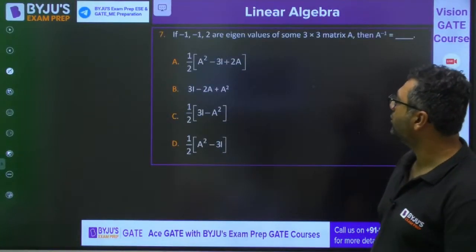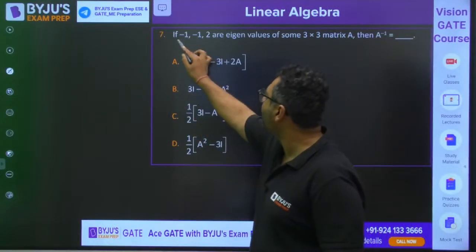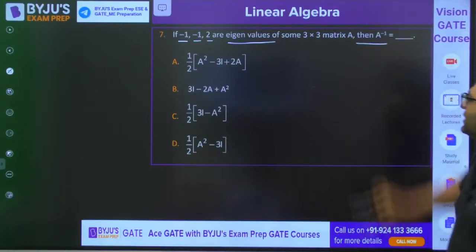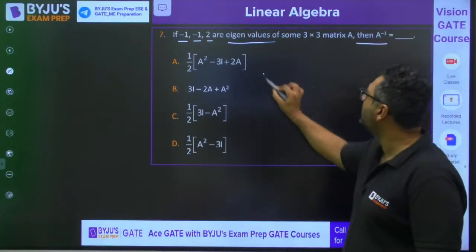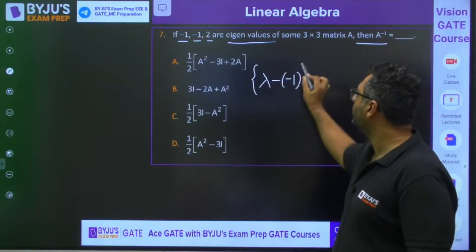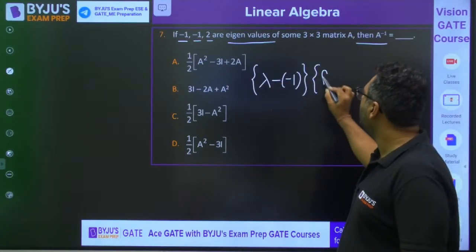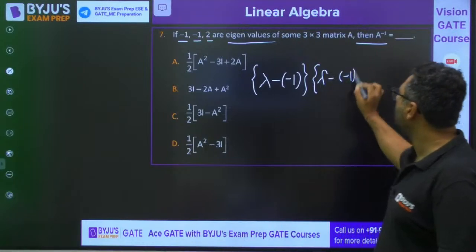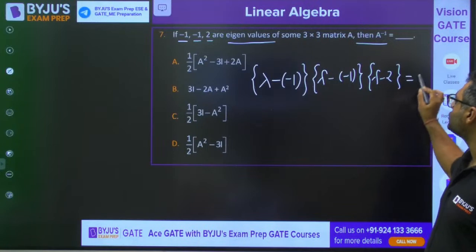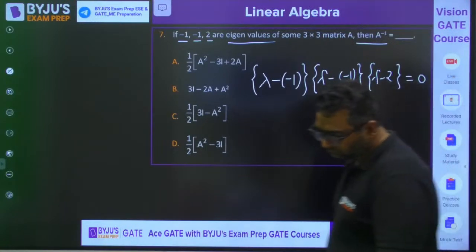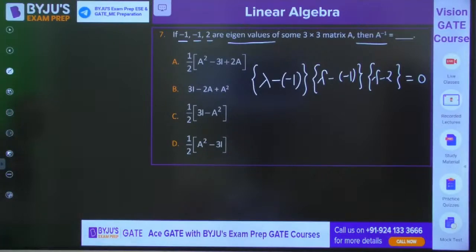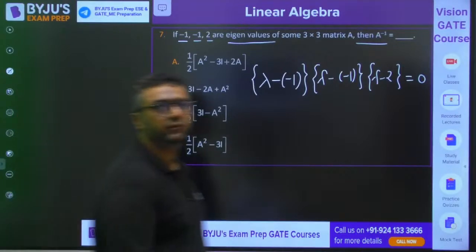Moving to the next question. This is similar question. If -1, 2 are the eigenvalues, then A inverse will be. The similar question. Once again, you will say lambda minus of -1, lambda minus of -1, lambda minus 2 is equals to 0. Solve this question and you will get the value of A inverse very easily.